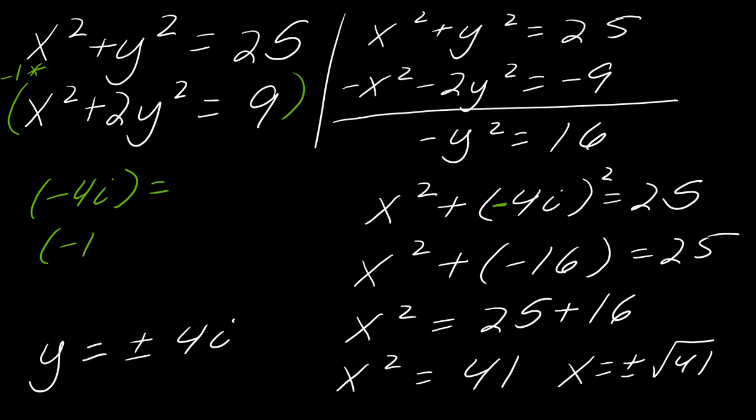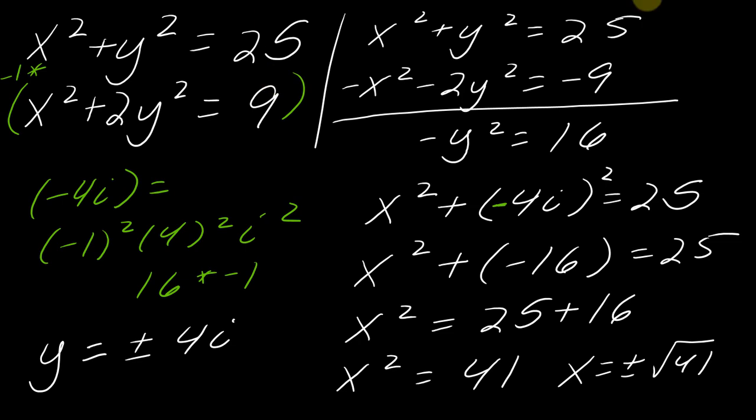You can think of this as negative 1 squared, 4 squared, and i squared. The negative 1 squared is positive, the 4 squared is 16, and the i squared is still negative 1. So putting this negative in front gets me the exact same situation, so I get the exact same solutions. So there are 4 solutions in this case.